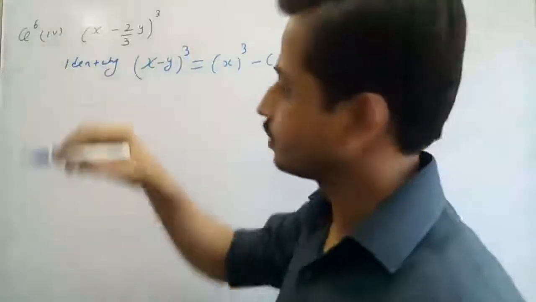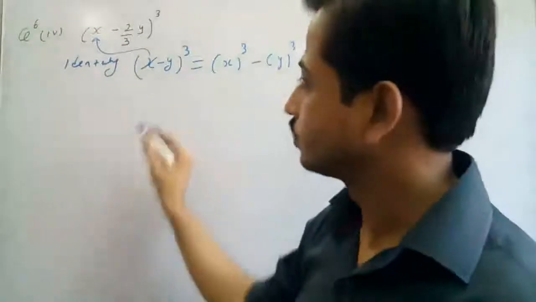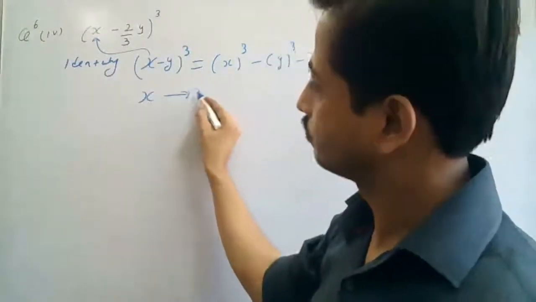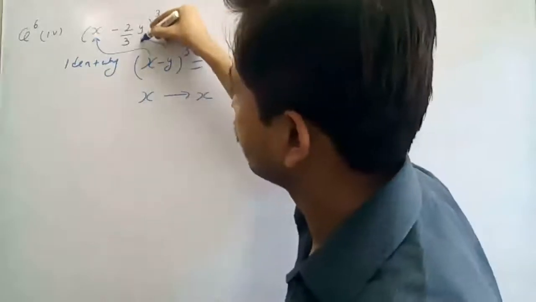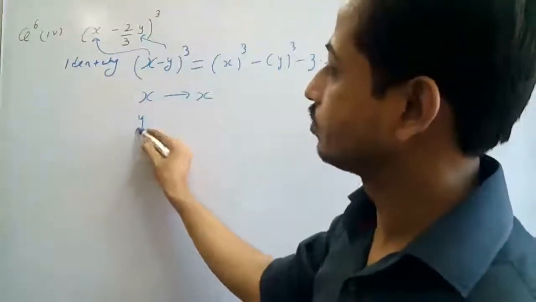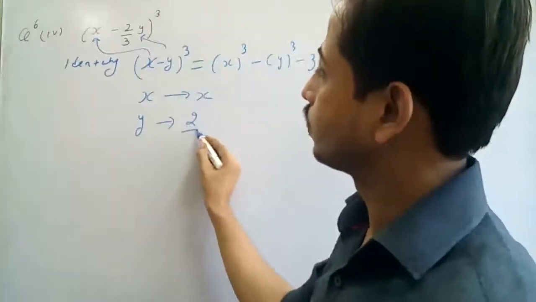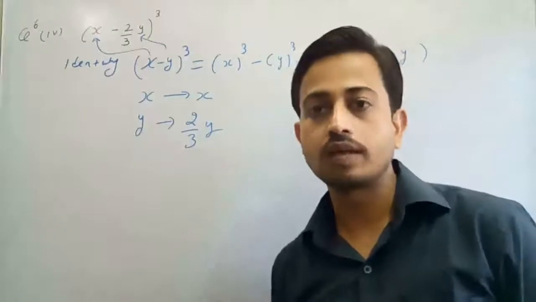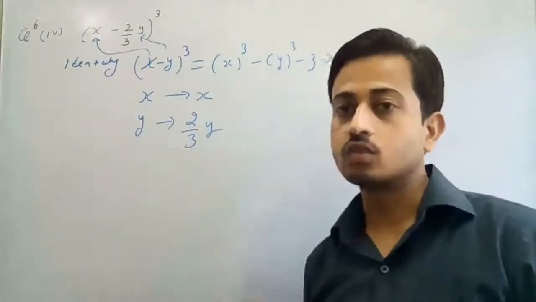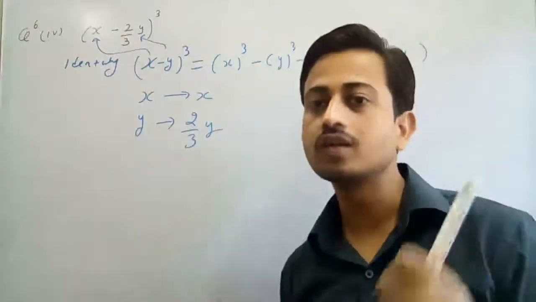Now do comparison. The first term is what? x. So our x is x. Now second term, what is y? y is our second term, and in this case it is 2 by 3 y. It means we put x as x and y as 2 by 3 y. So that question will be solved very quickly.